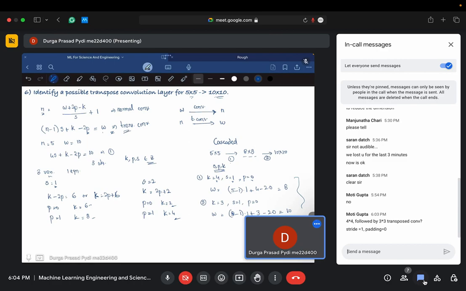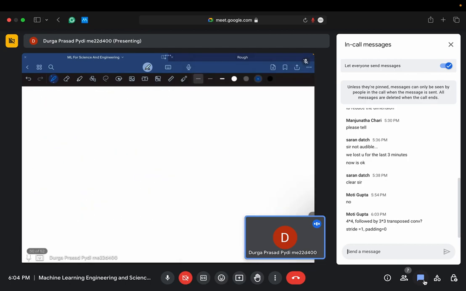What I was trying to ask you is the same transformation, 5 by 5. Instead of 8 by 8, we will first do 10 by 10. Use only convolutions and padding, nothing else. Don't use transpose convolution. Will you be able to achieve this final one?